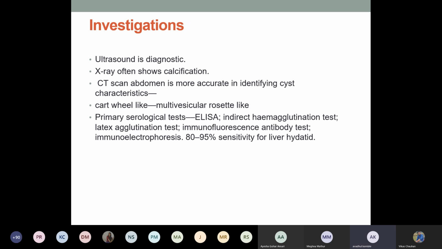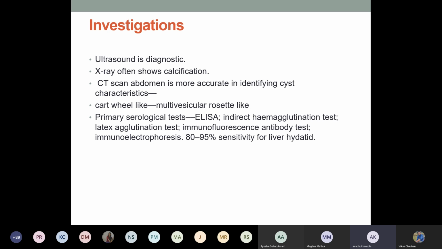Investigations: ultrasound is the diagnostic. X-ray often shows calcifications in the chronic cases. CT scan of the abdomen is more accurate in identifying cyst characteristics. Cartwheel-like multivesicular rosette-like appearance.